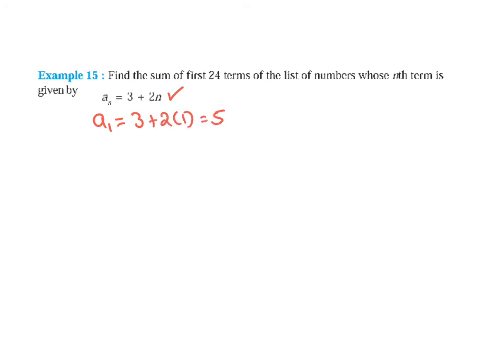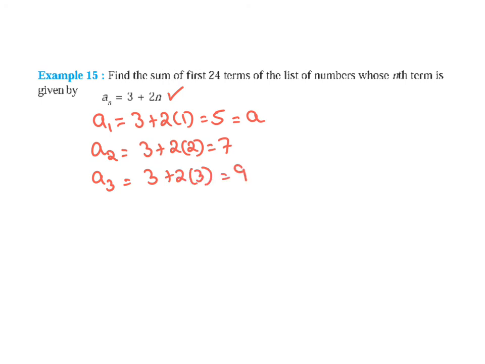What will be the second term? a2, 3 plus 2 times 2, which is going to be 7. What will be the third term? 3 plus 2 times 3, and that's going to be 9.